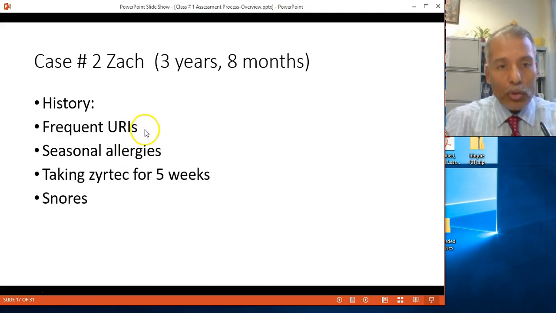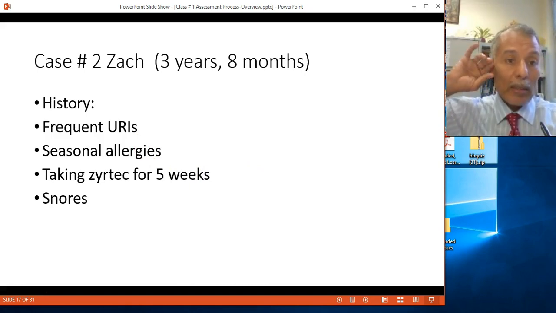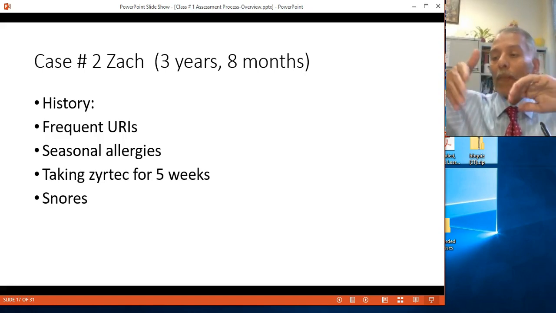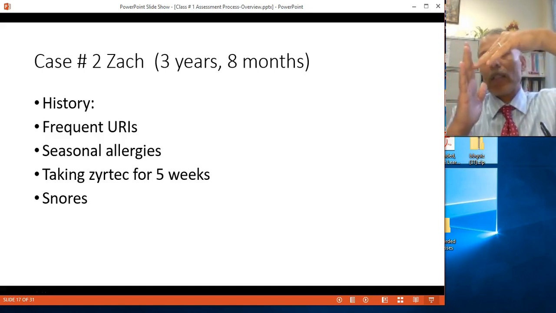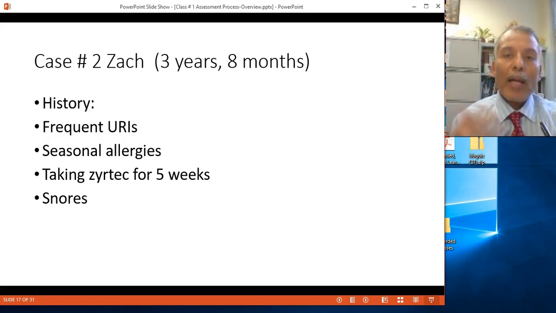The snoring is associated with adenoid enlargement, and that adenoid enlargement showed us that his airway at night is basically blocked because of the adenoids, and the uvula, the soft palate just sits on the adenoid and then blocks his airway, and then he ends up having sleep apnea.